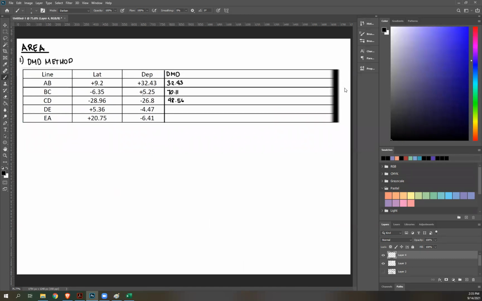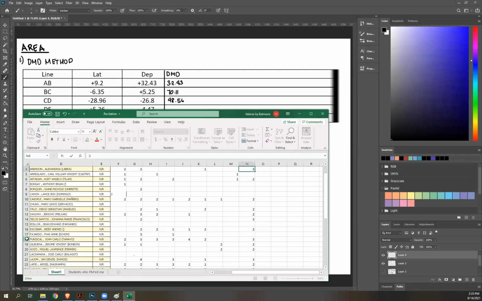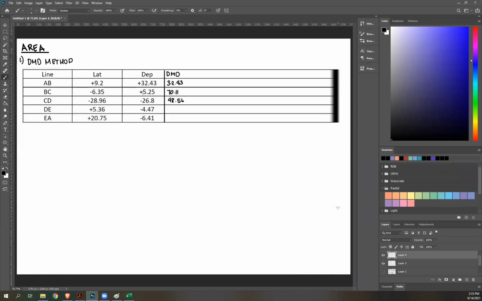Correct. There's so many computations. Okay, so correct, that was 17.29.